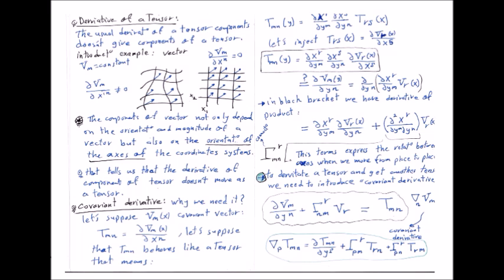It is contravariant of rank 1. In a similar way, it is dv^n over dy^m plus gamma^n_mr v^r. So the position of the summing index, one above and one below, is how I call the covariant derivative of a tensor of type 1,0.